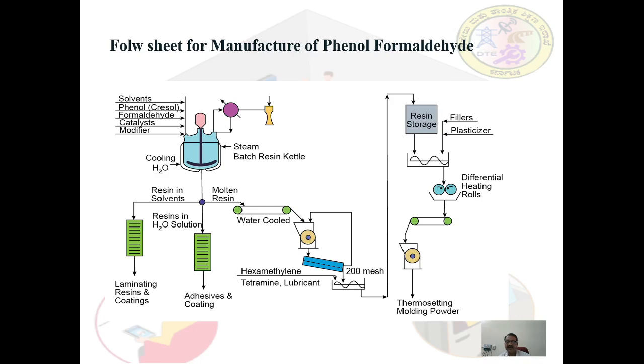Then the resin is stored, to which fillers and plasticizers are mixed and dried in differential heating rolls and then crushed to fine powder, which gives thermosetting molding powder.